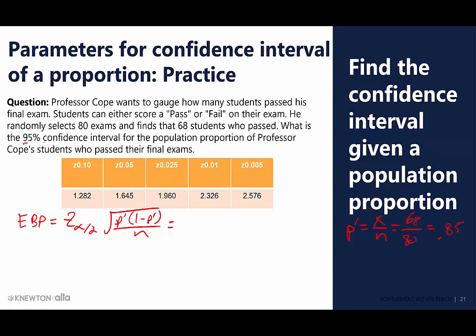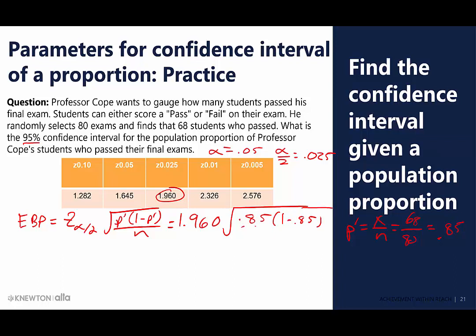The confidence level is 95%, which means that alpha is 5%. So alpha over 2 is 0.025. So we need this z-score. So our margin of error is 1.960 times the square root of 0.85 times 1 minus 0.85 over n, our sample size, which was, how many total students did he select? 80.